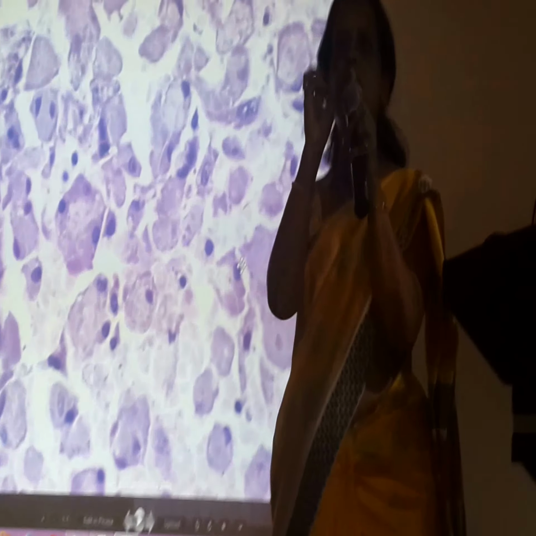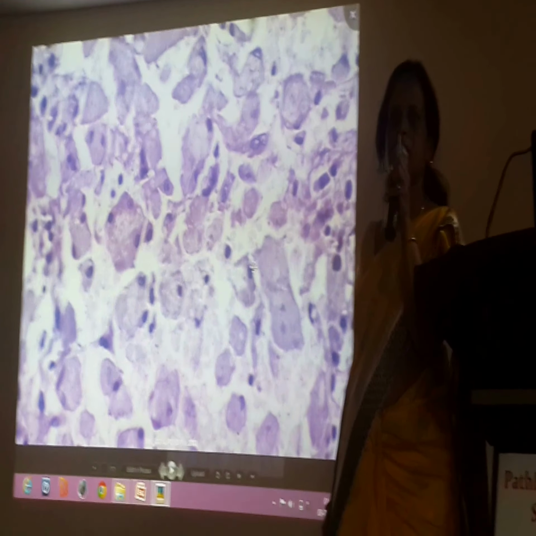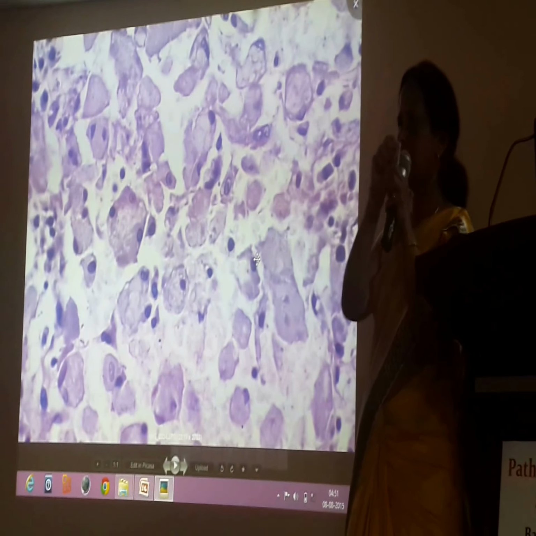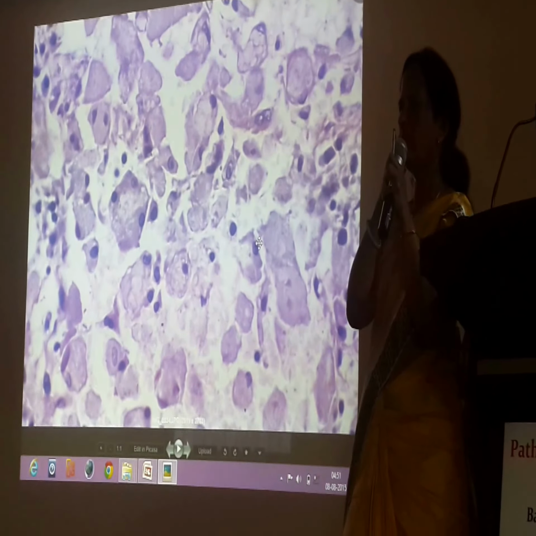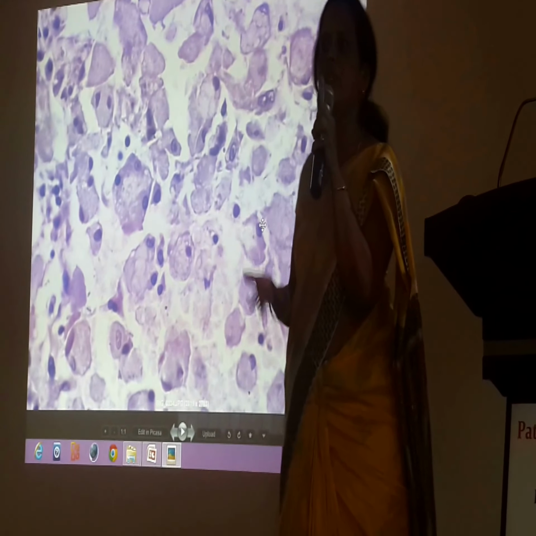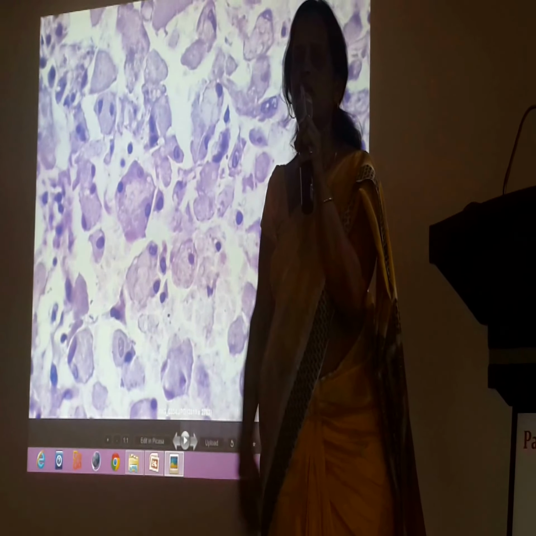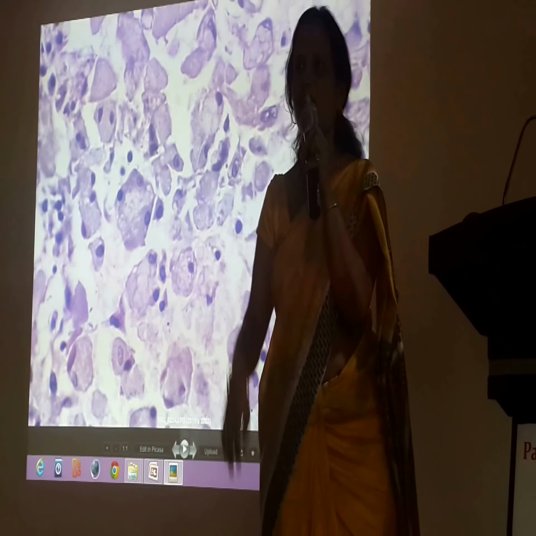Oncocyte has eosinophilic granular cytoplasm. Not so big. Any other cell? Somebody told me, that's why I'm asking. I'm telling you, but not in the spleen. They said these cells resemble something. Any cell you search for in a neonate who comes with intestinal obstruction? Ganglion cells. Somebody told me they look like ganglion cells.